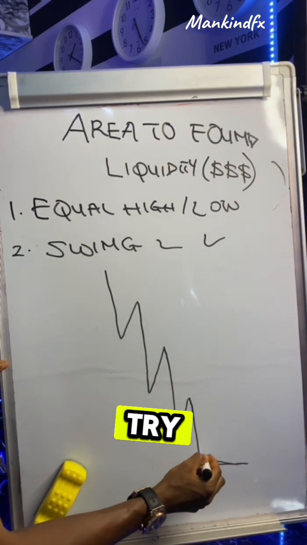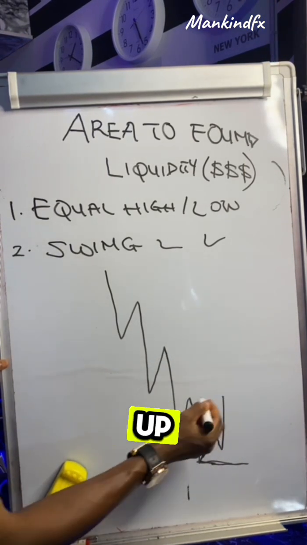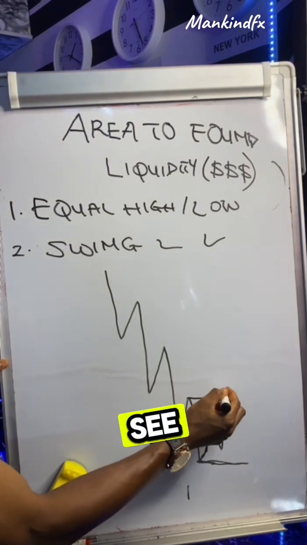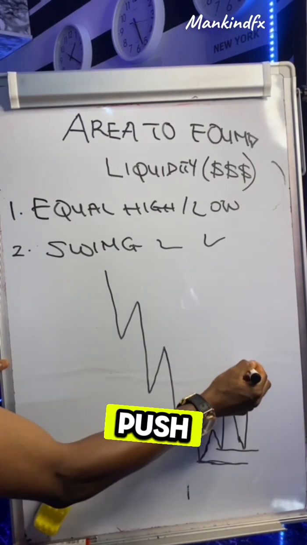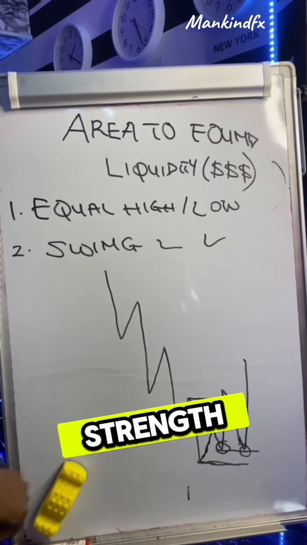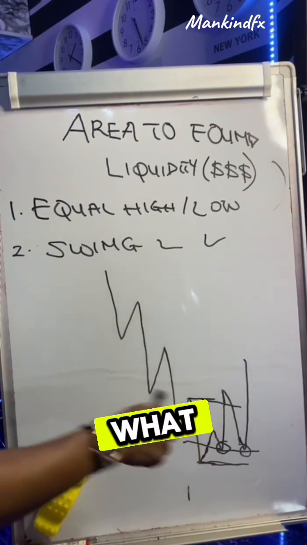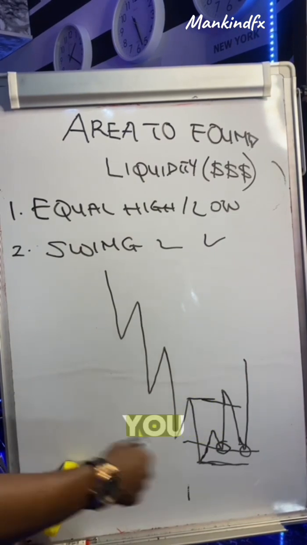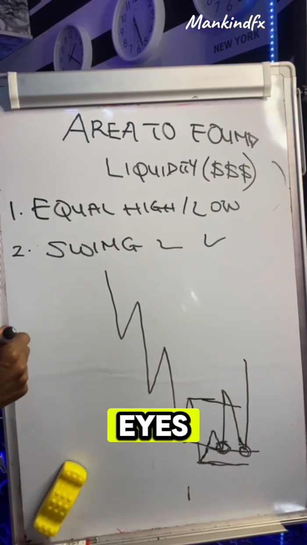Price was trying to reject these zones, buyers pushed the price up and broke above this recent high. And we see that price comes back to the same zone here, and buyers push the price up. So this is your swing low. These areas are your liquidity zones, so you can spot your liquidity at your swing high and low.